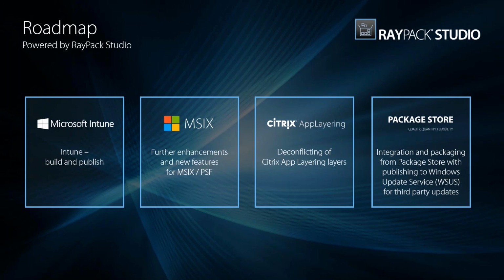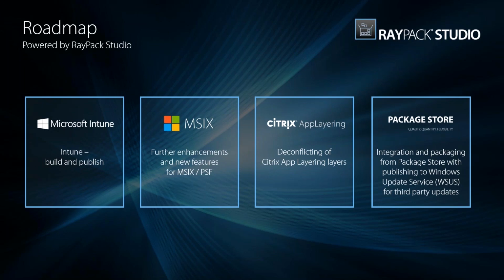There's going to be a lot happening in Intune, like publishing and building Intune packages directly from RayPack, but also as a part of tooling, so you could use parts and bits of our product and put them into your automation to actually have these big pipelines running with the help of RayPack and possibly even RayFlow.